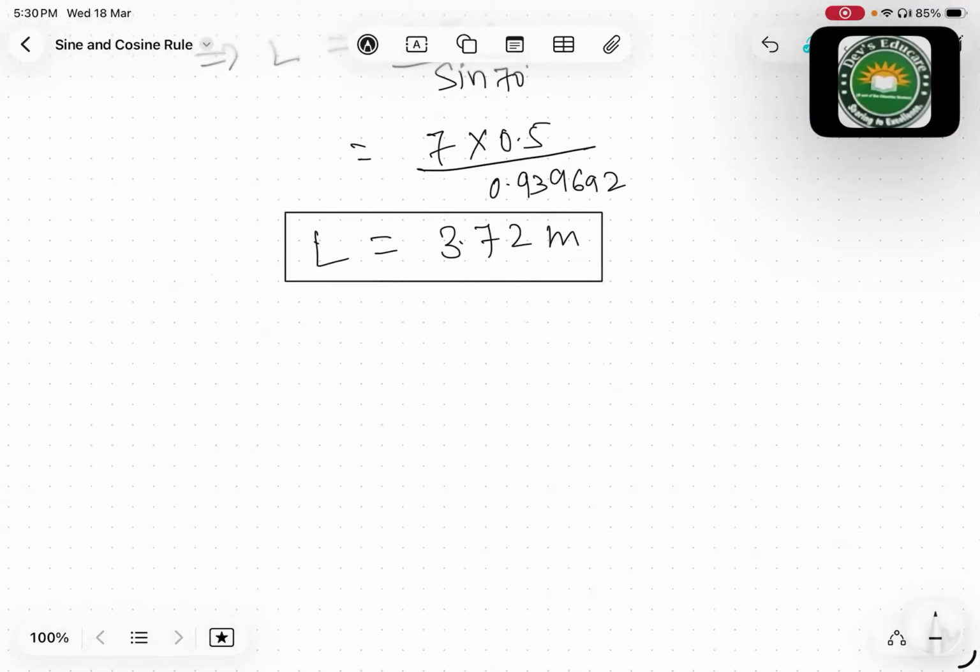We will take one more question to use the cosine rule, and also we will find the area of a triangle. So how to find the area of a triangle if two sides and one angle are given. Let's do this.